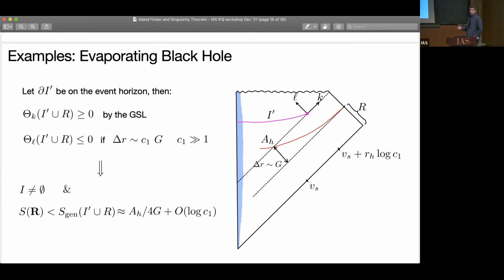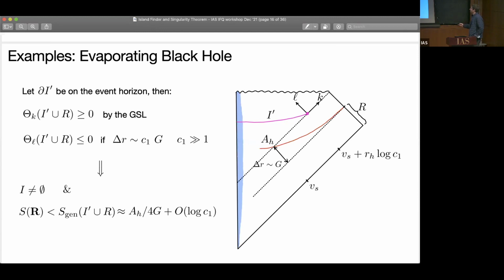Now with the benefit of hindsight, we know that as you move to the past along the horizon, at some point the area radii between the boundary of the past of R and the horizon get small, such that this delta R becomes order G, for example. That gives a scale to the entropy derivative computation, which allows it to compete with the area variation in this direction.